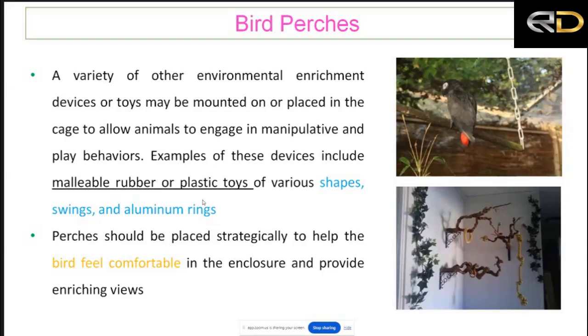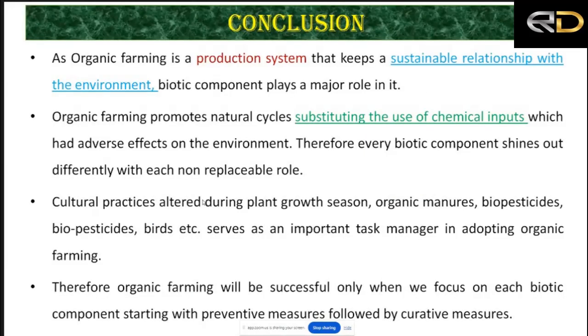If you want to control pest outbreaks, birds help. We have come to the end of today's lecture. We have just started with organic farming and the many benefits we have while adopting a sustainable way of farming. Then we talked about the biotic components, which we need to know carefully and study properly so that we can grow crops by following the techniques needed in organic farming.